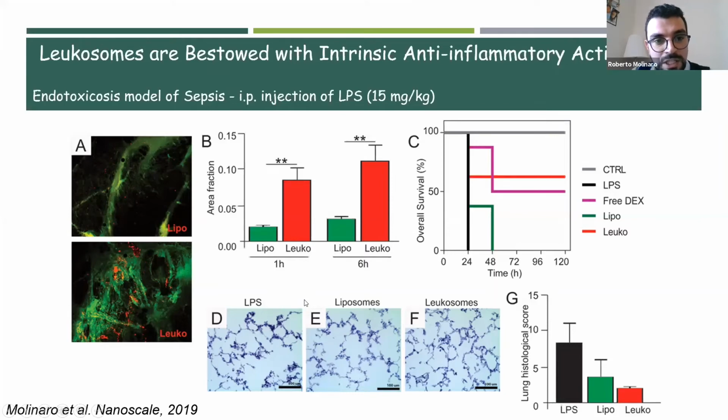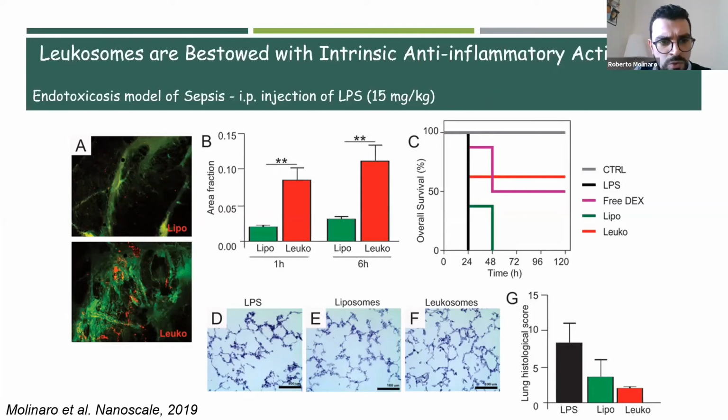We have injected leukosomes once, empty for this experiment, and compared their activity to that of free dexamethasone, the potent corticosteroid which is clinically used for these treatments, and empty liposomes.